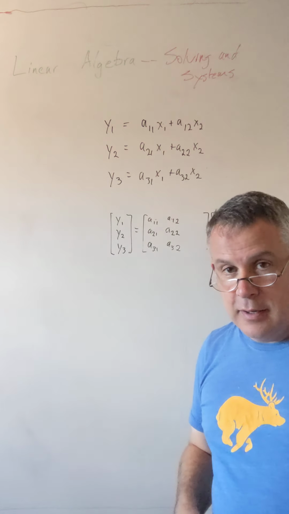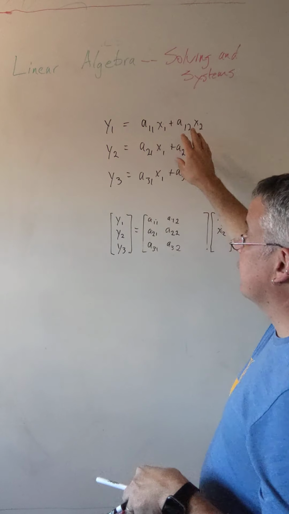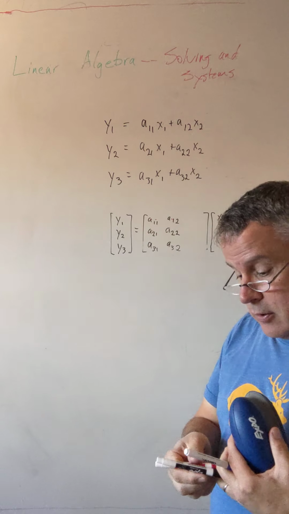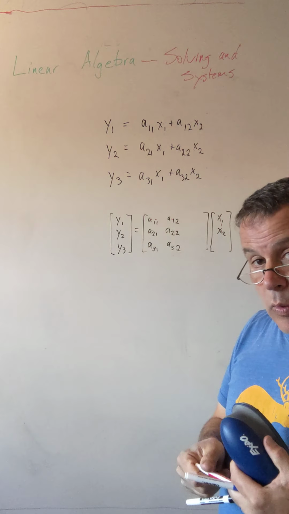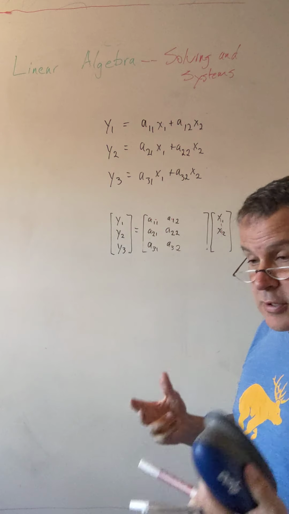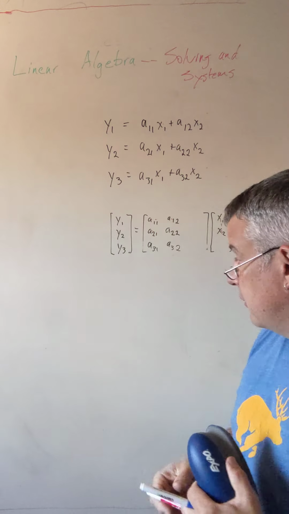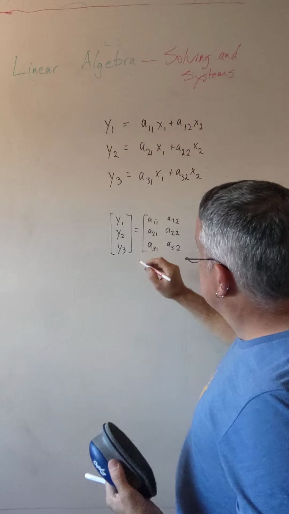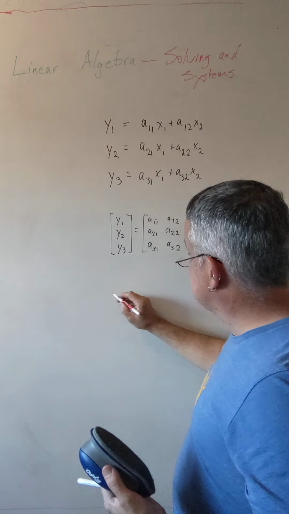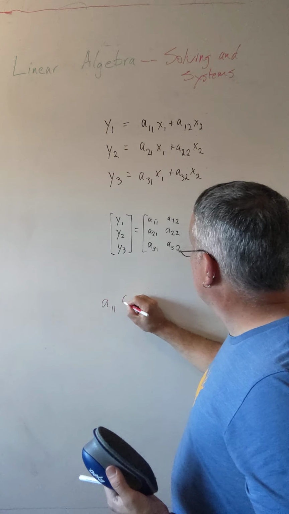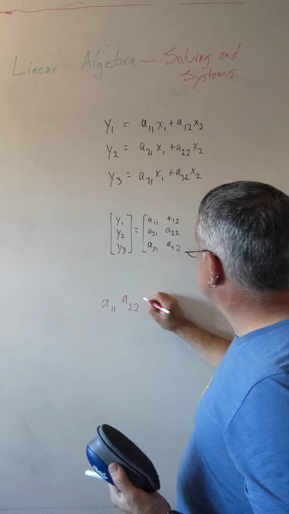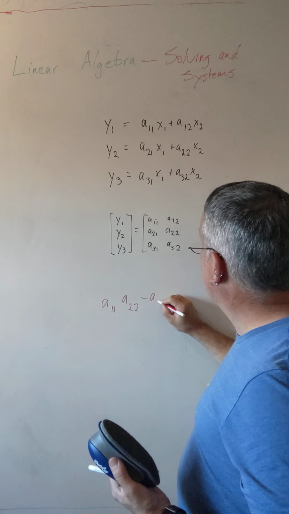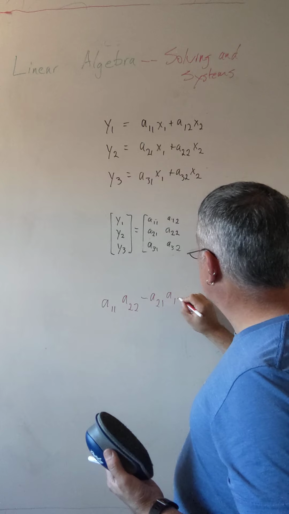What's the thing that tells you whether a set of equations is linearly independent? Well, that's the determinant, that thing that we talked about before. So what's the determinant for this small set of 4? a11 a22 minus a21 a12.